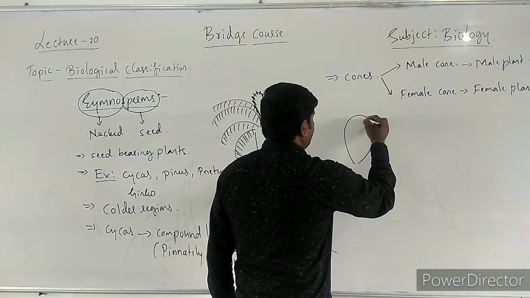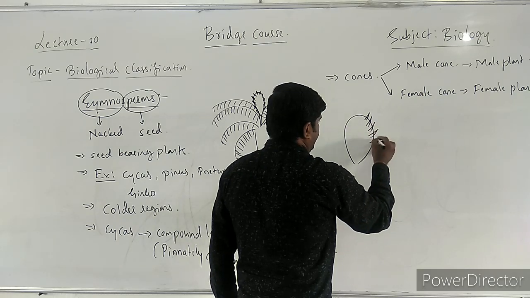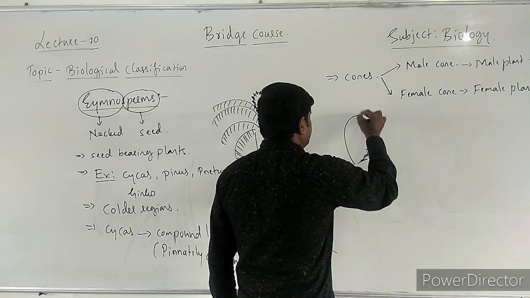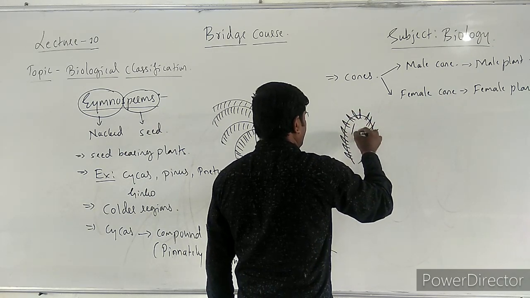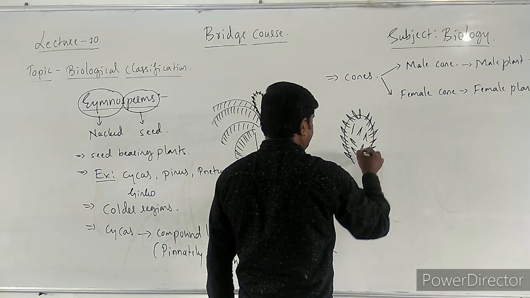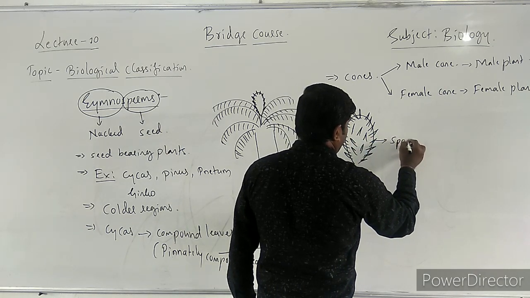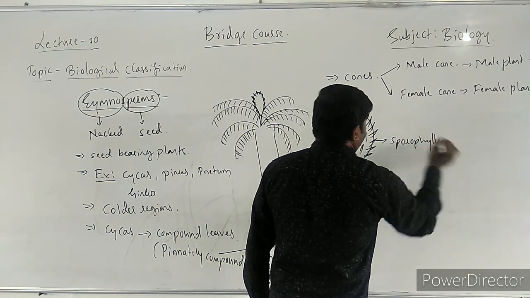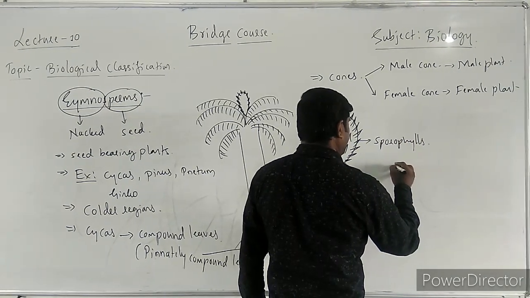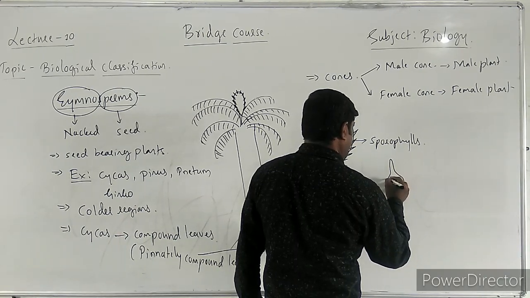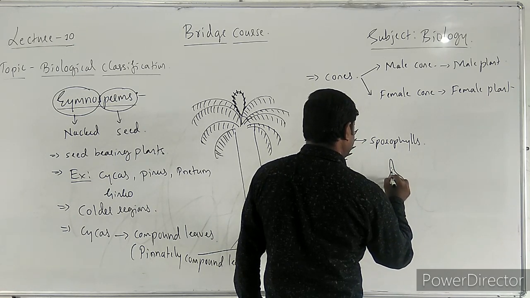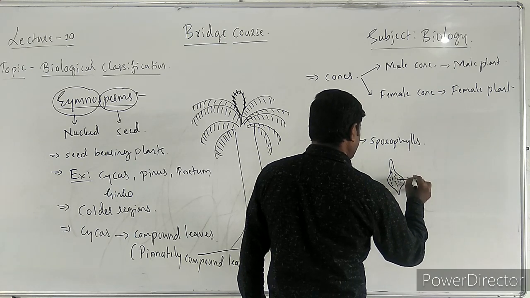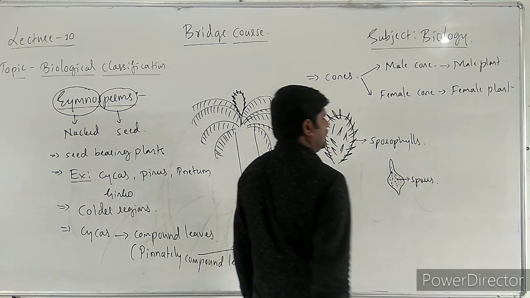One example I will show here. This is a male cone which has many leaf-like structures, and those leaves are called sporophylls. Whenever we analyze these sporophylls, they produce many spores over them. These are spores, right?